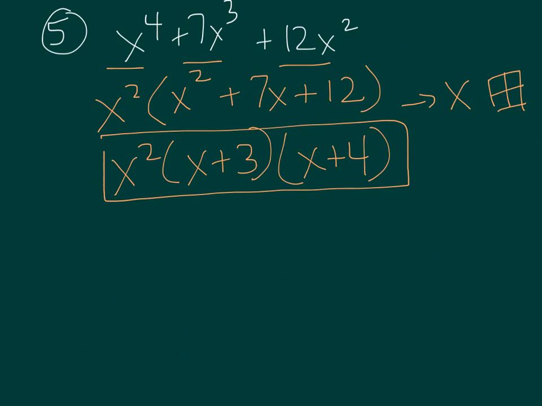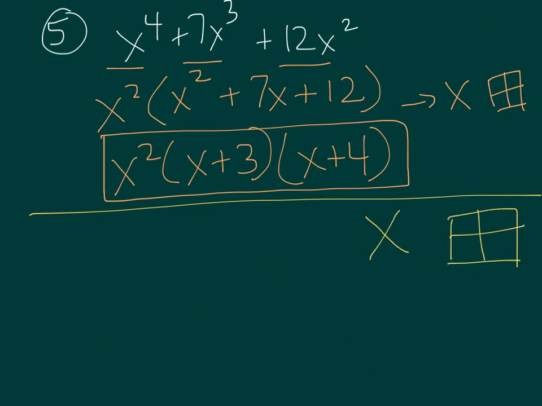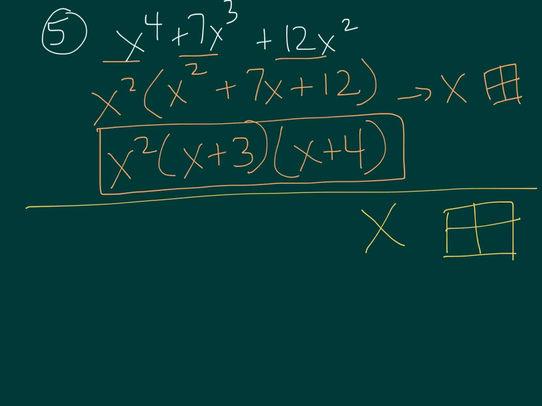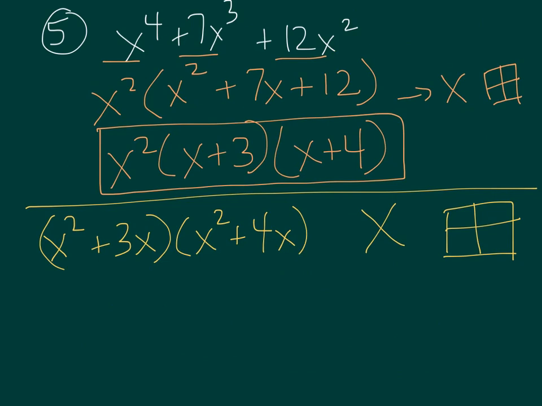The other thing that you could have done, and I'll just do this in another color, a lot of people went straight from the diamond and the box, and they got an answer of x squared plus 3x times x squared plus 4x. So in this case, you could actually take out an x.